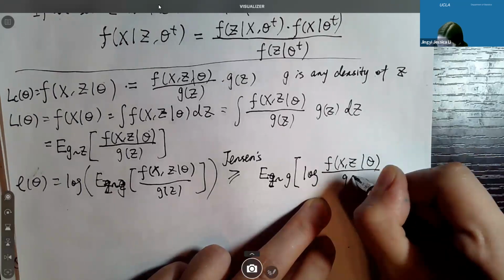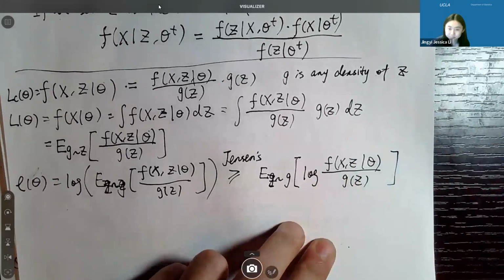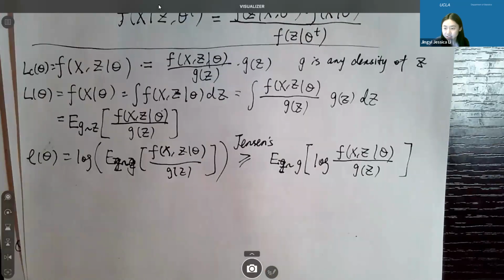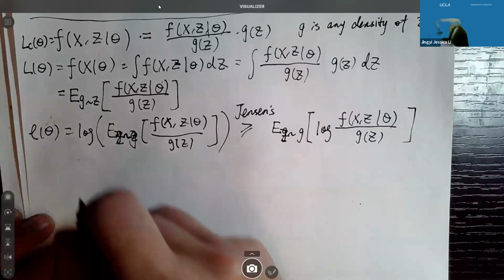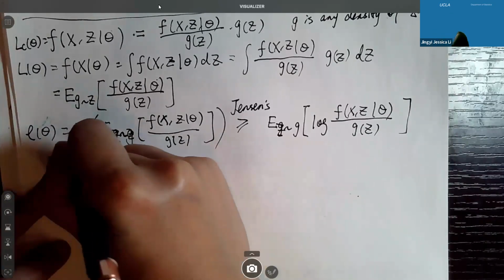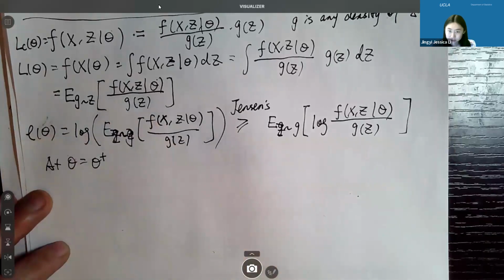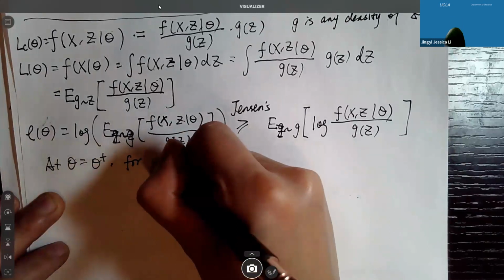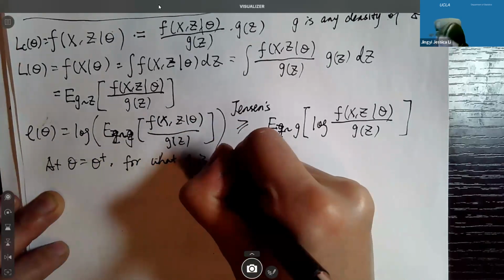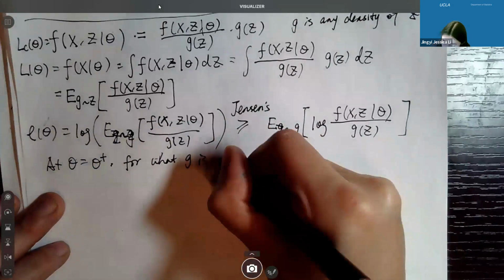Right, we are here. Now the question is, at theta equals theta t, how can we make the equality hold? For what g is this ratio a constant?